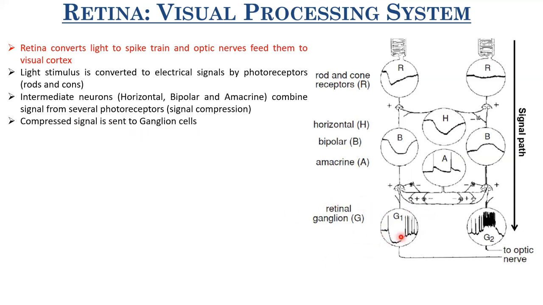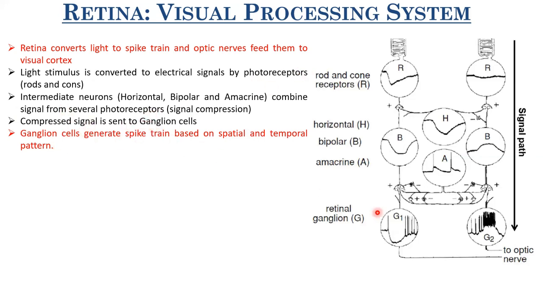The retinal ganglion cells form the last portion of the retina, and they are responsible for the generation of spikes. These ganglion cells generate spike trains based on the spatial and temporal patterns of the electric signals that they receive via the photoreceptors and the intermediate neurons.